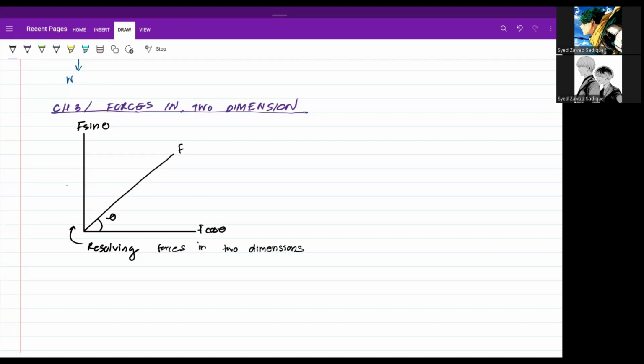Don't get me wrong, there is not a single new formula that I can teach you here, because forces in two dimensions work with the same formulas that were taught in chapter 2, with a slight modification, which you will only understand when you do question papers. You can use this as a reference. So that's that.